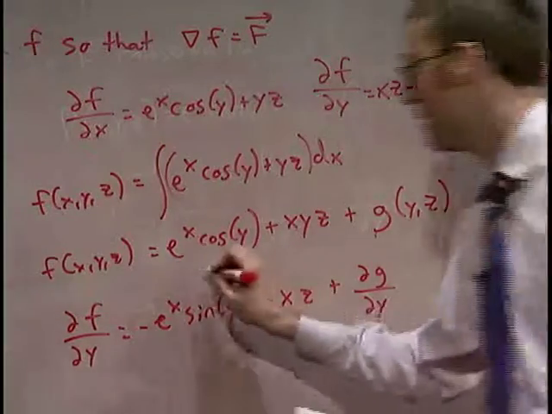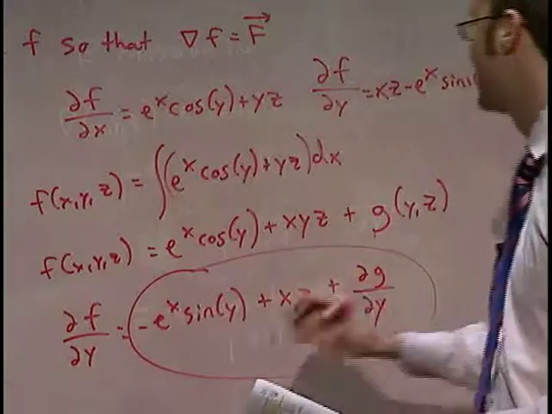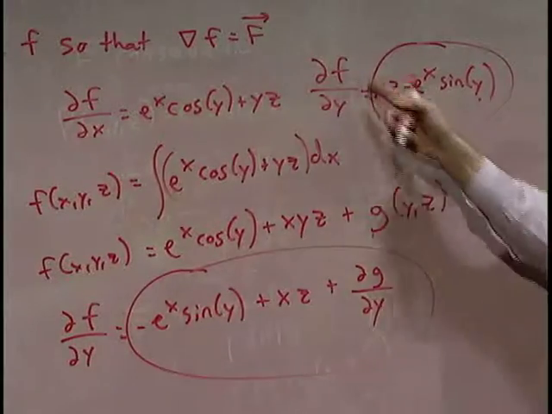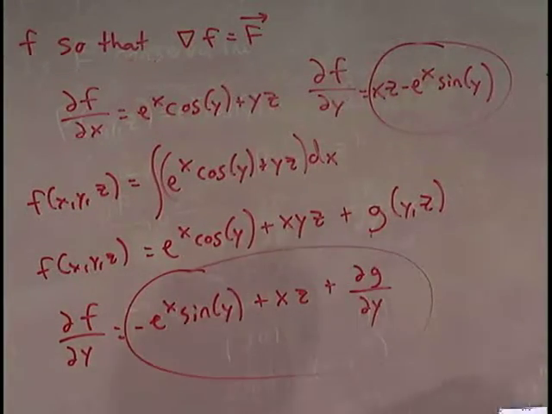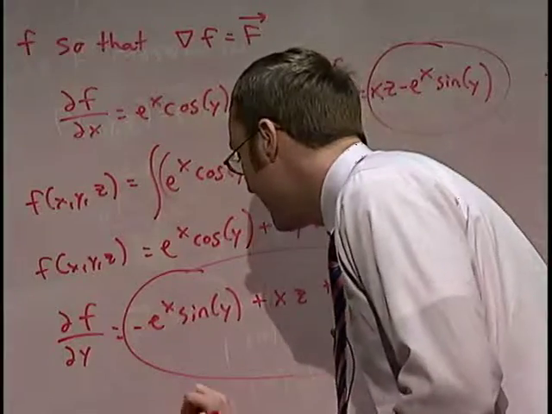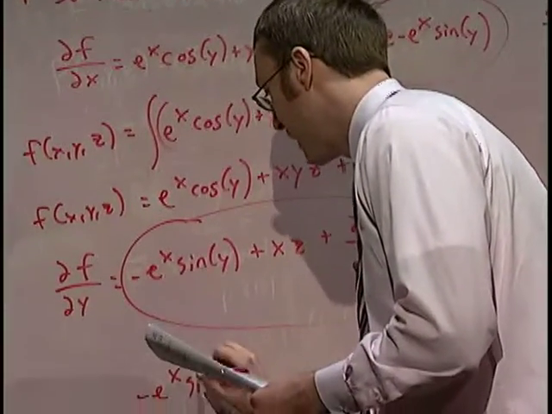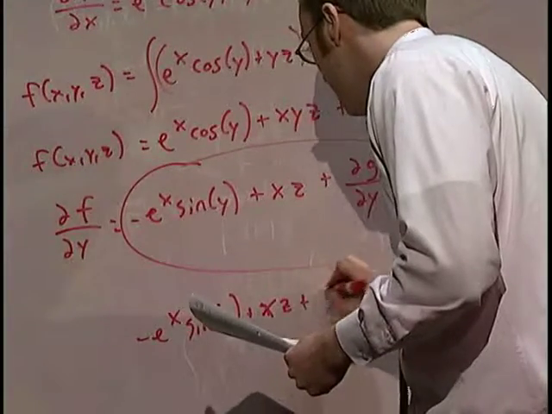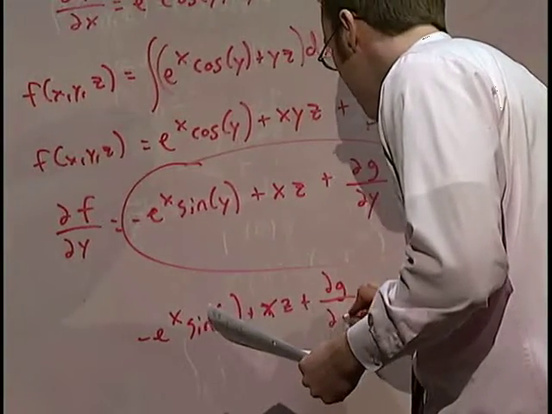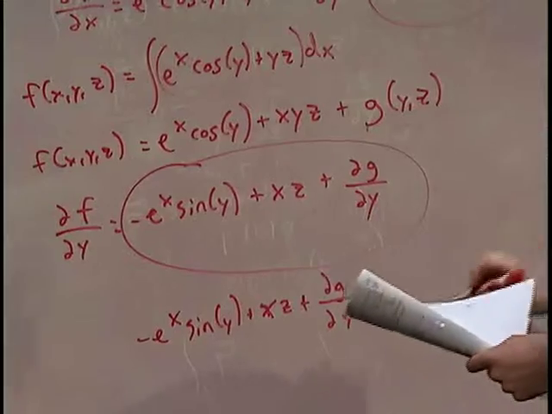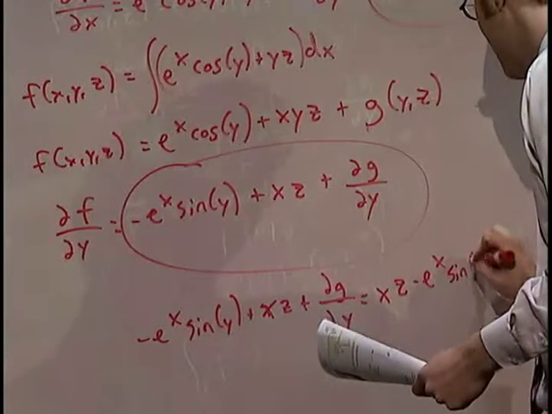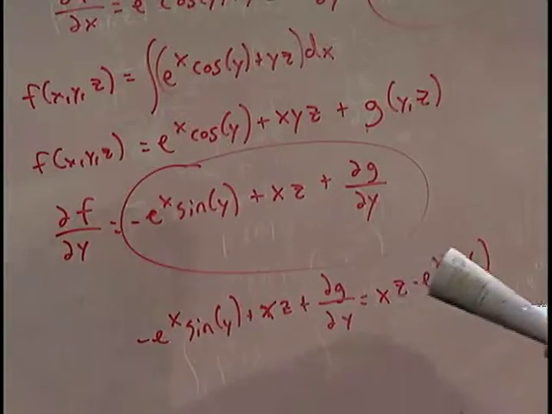But now, remember that this expression has to match this expression, because they're both equal to partial f partial y. So what we have is negative e to the x sine y plus xz plus partial g partial y equals xz minus e to the x sine y.